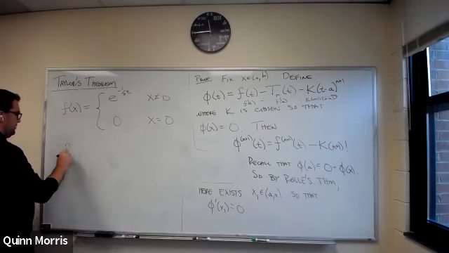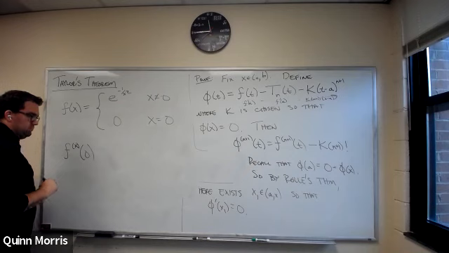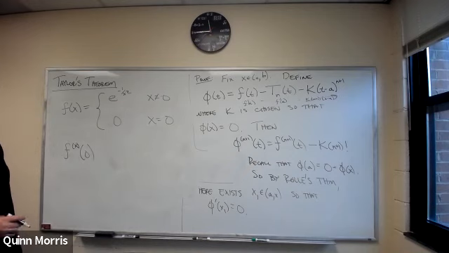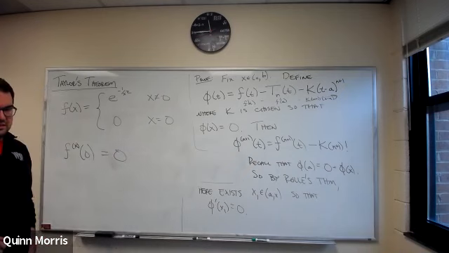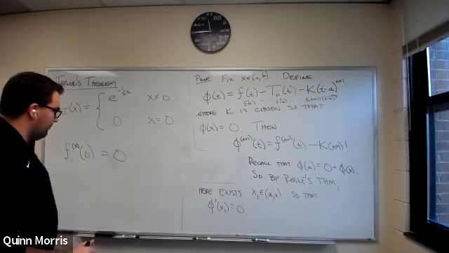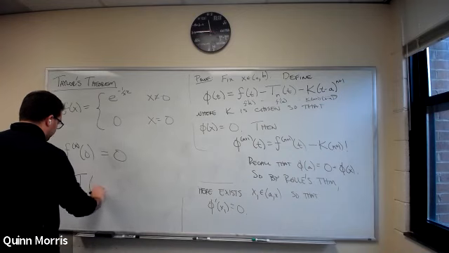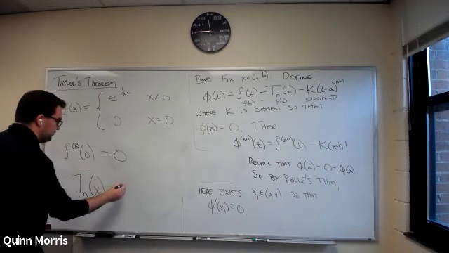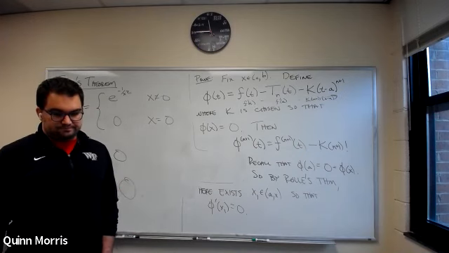But if you evaluate the derivative at 0 for any order, so take the first, second, third, fifth, 900th derivative at 0, it's going to be 0, which means that when you write the Taylor polynomial for this function of whatever arbitrarily large degree you would choose, you're going to get 0.